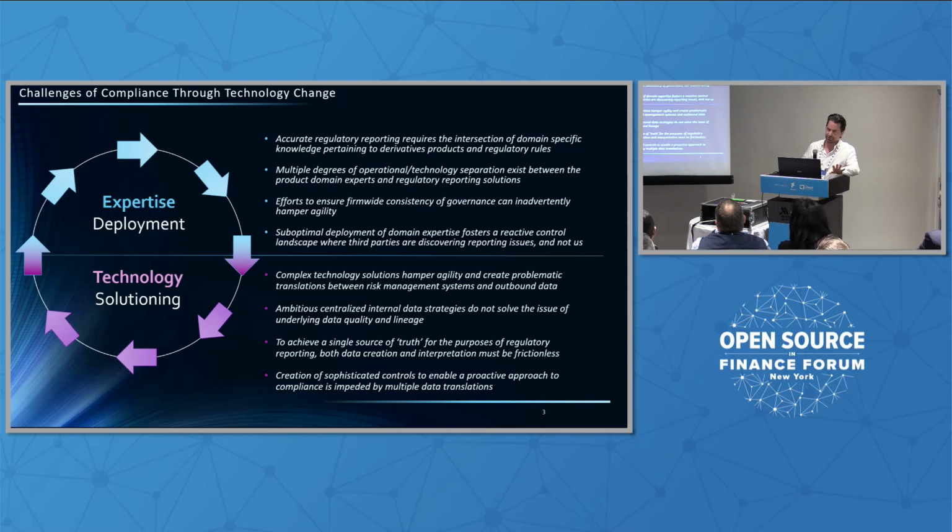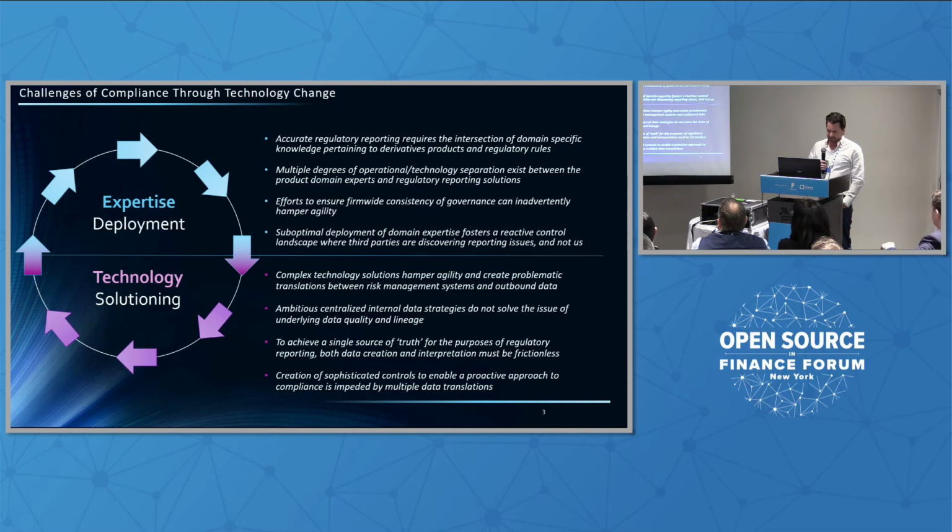Maybe regulate's the wrong word, but influence. It's not a straightforward thing to do, especially if you work in the derivative space. But I boiled it down into two themes of where we see the issues mainly occurring. One is how we deploy our expertise within the firm, and another is technology solutioning.